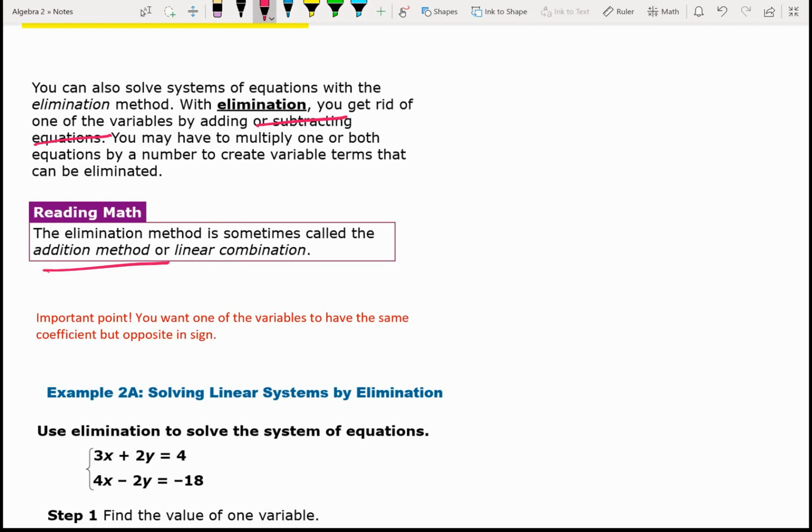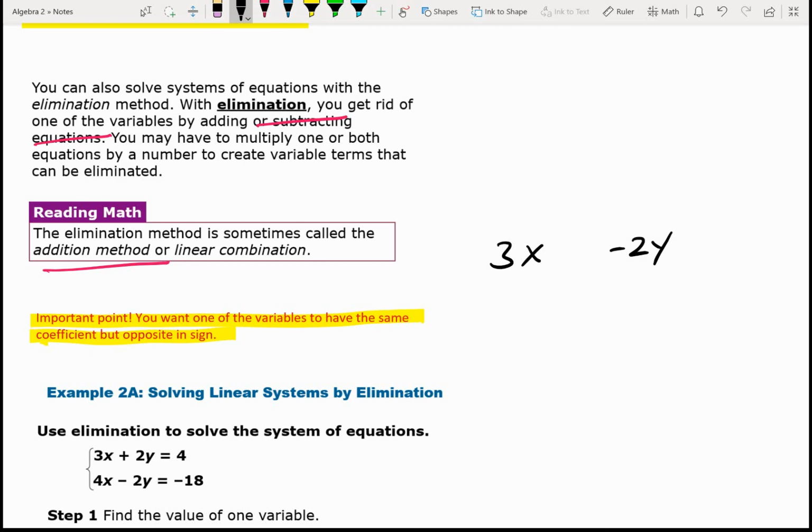And you'll see why. Important point. You want one of the variables to have the same coefficient but opposite in sign. To recall, what's a coefficient? It's always the number in front of the variable. So there, 3 is a coefficient. Minus 2y, negative 2 is a coefficient.